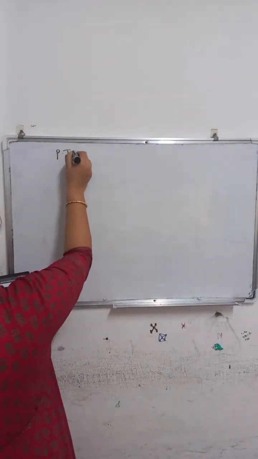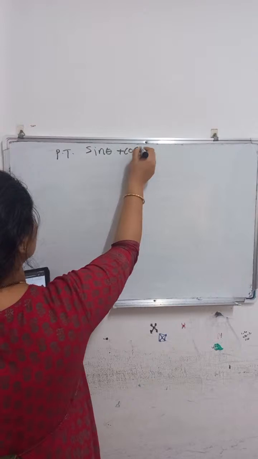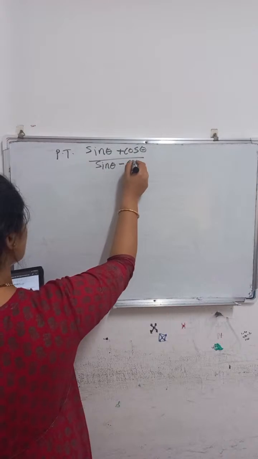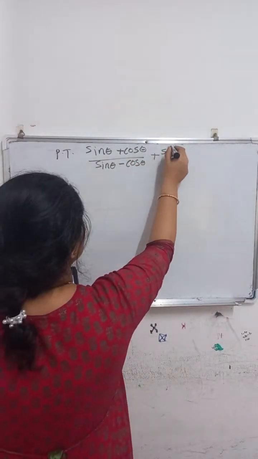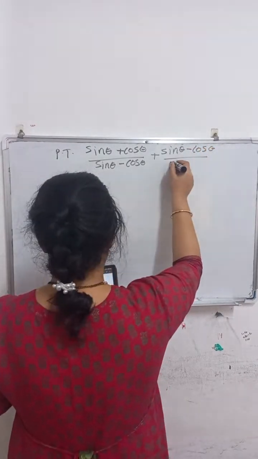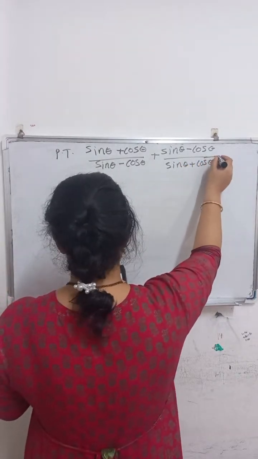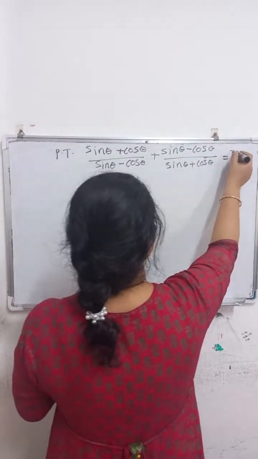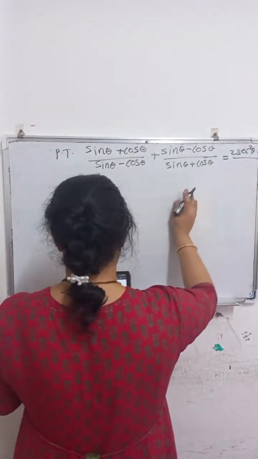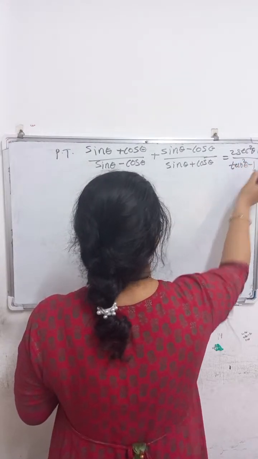Next question, prove that, maybe you have solved this question many times: (sin theta plus cos theta) divided by (sin theta minus cos theta) plus (sin theta minus cos theta) divided by (sin theta plus cos theta) is equal to 2 sec square theta by (tan square theta minus 1).